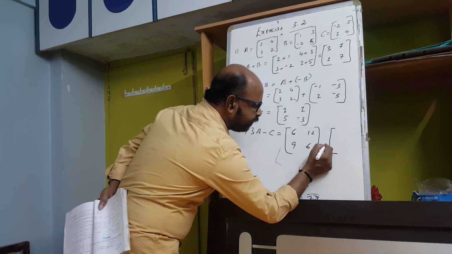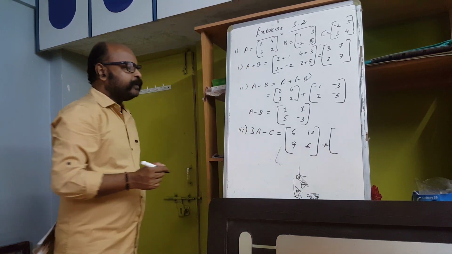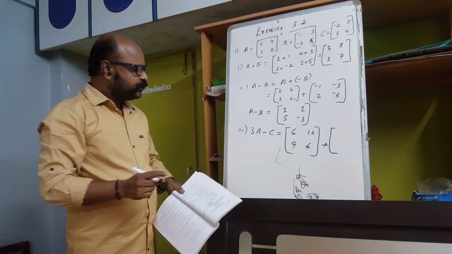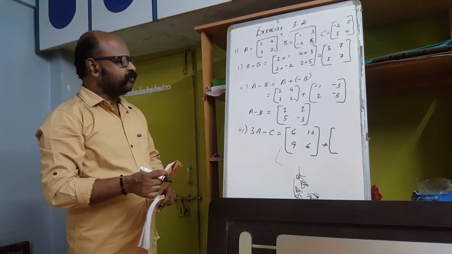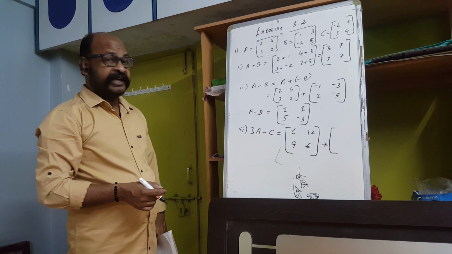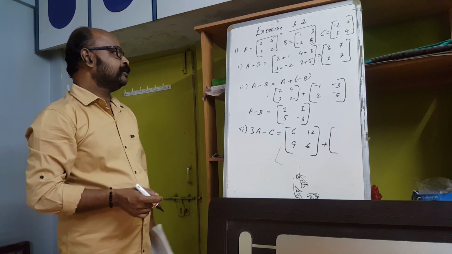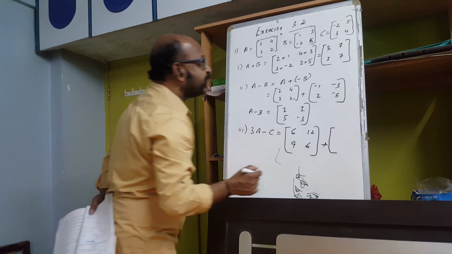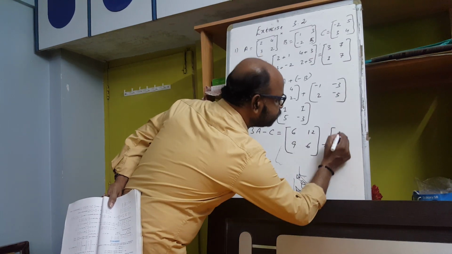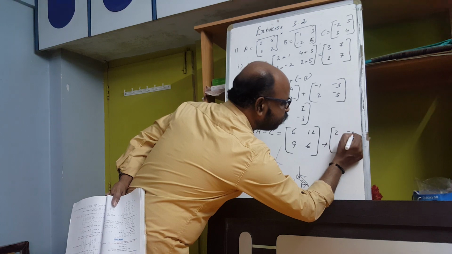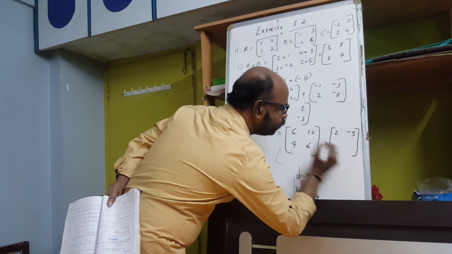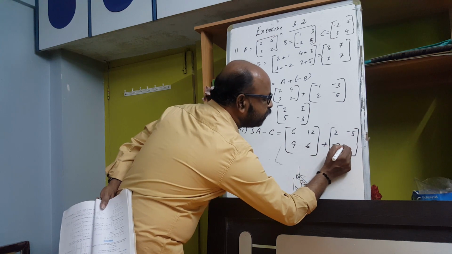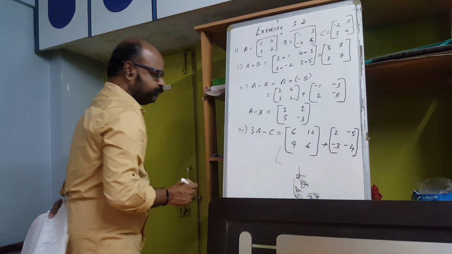So 3A minus C, if you do the proper way of subtraction, then what is to be done? 3A plus minus C. Minus C means writing the opposite of the elements of C. That is minus 2 becomes 2, 5 becomes minus 5, 3 becomes minus 3, and 4 becomes minus 4.